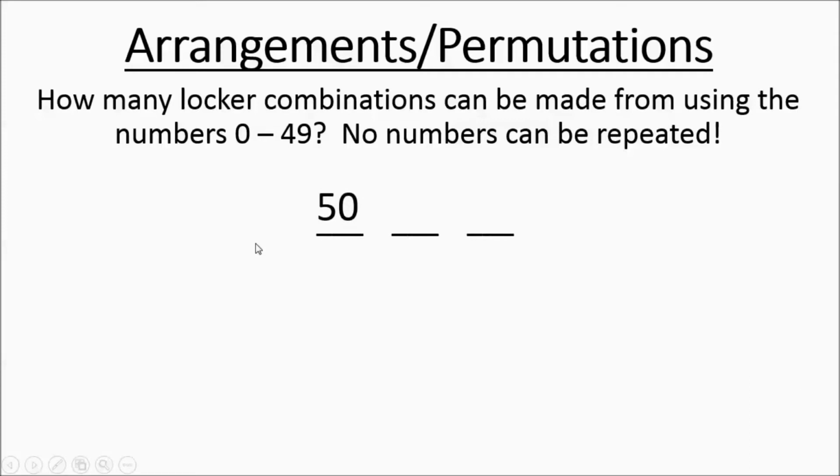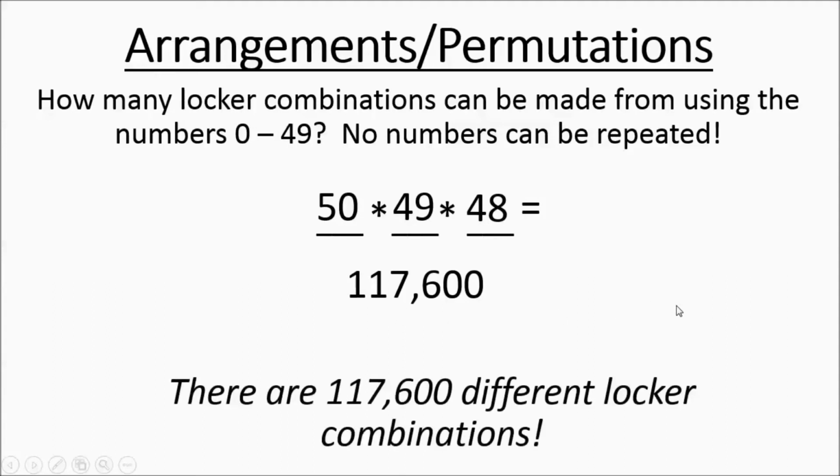Now if you can't repeat any numbers, you're going to have 49 choices for your next number. And then finally you'd have 48 choices for your third number. So you multiply those, and you would have 117,600. There are 117,600 different locker combinations you could make just by using the numbers 0 to 49.